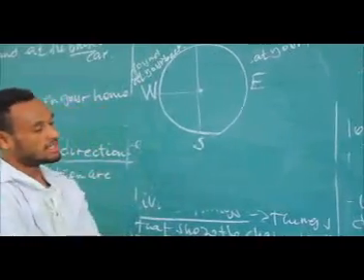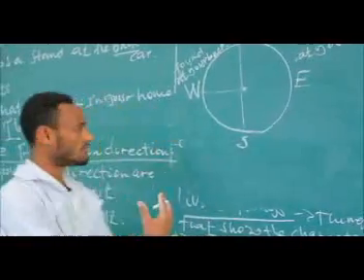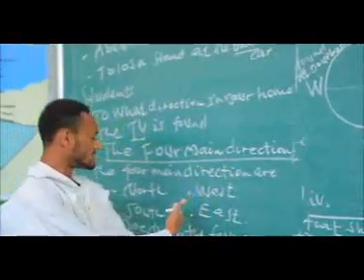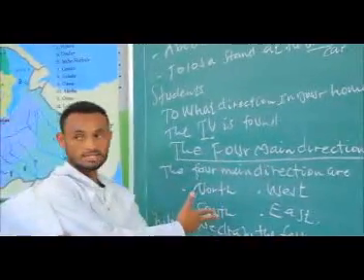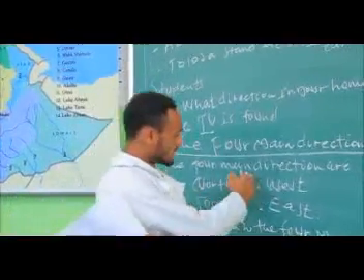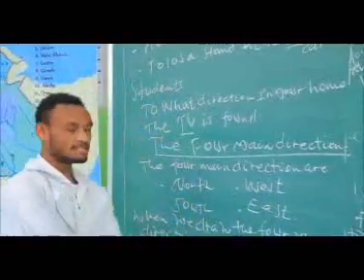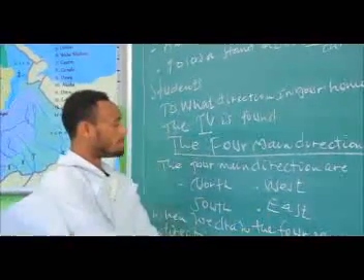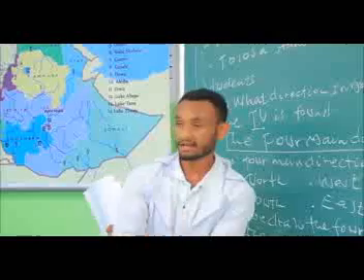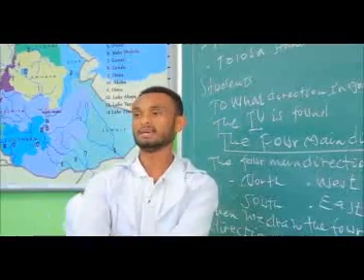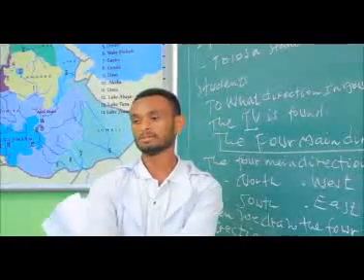And we have also seen the four main directions: north, south, west and east. By using these four main directions, you can locate a given object.